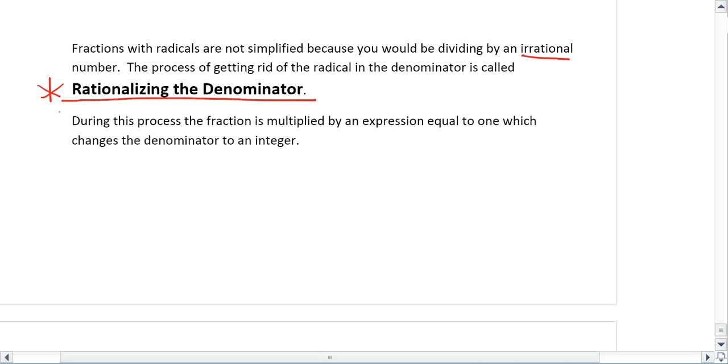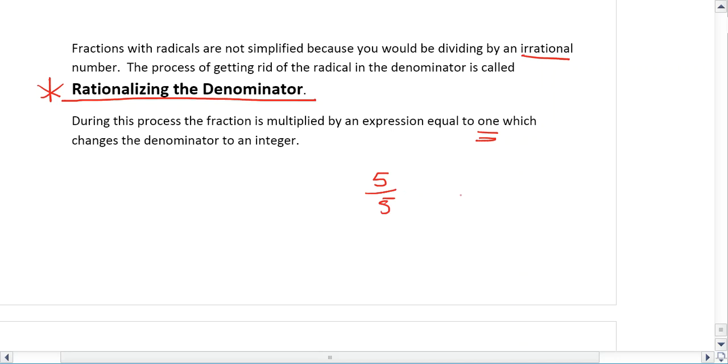Very, very important. During this process, we take our fraction and we have to come up with a multiplier that's equal to 1. And the multiplier has to be chosen carefully so that it changes our denominator and gets rid of the radical sign. So some examples of ways to multiply something times 1. Well, would you agree that 5/5 is 1?